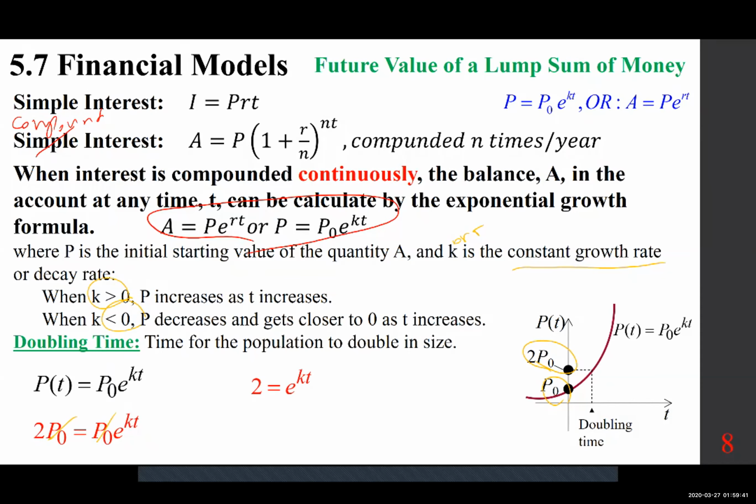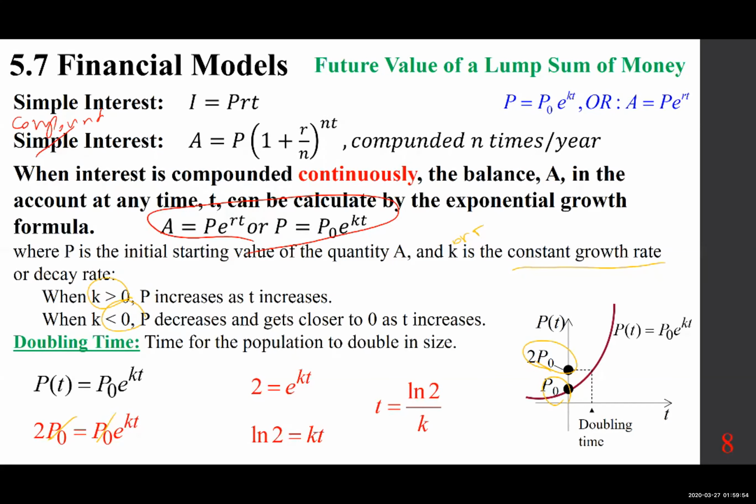Taking a natural log from both sides gives us ln 2 equals ln of e to the power of KT, which is KT, and therefore T is ln 2 over K, or K is ln 2 over T, where T is the doubling time. Okay, class?